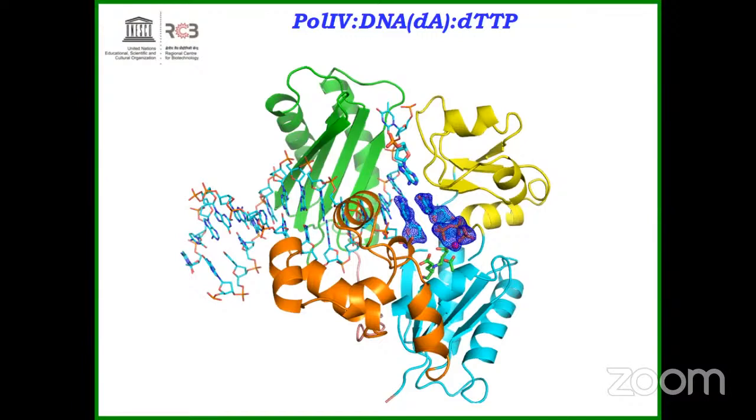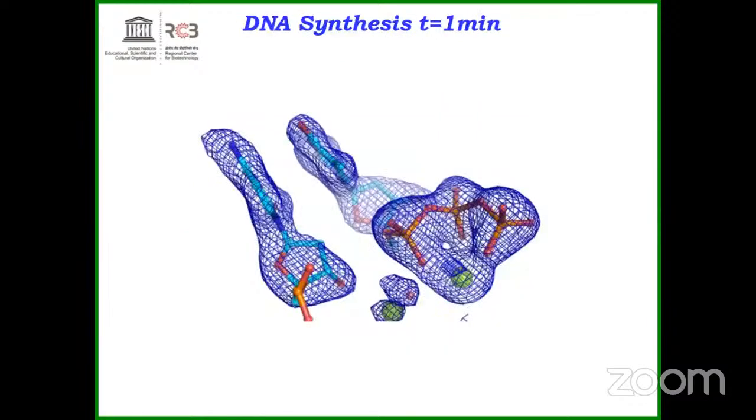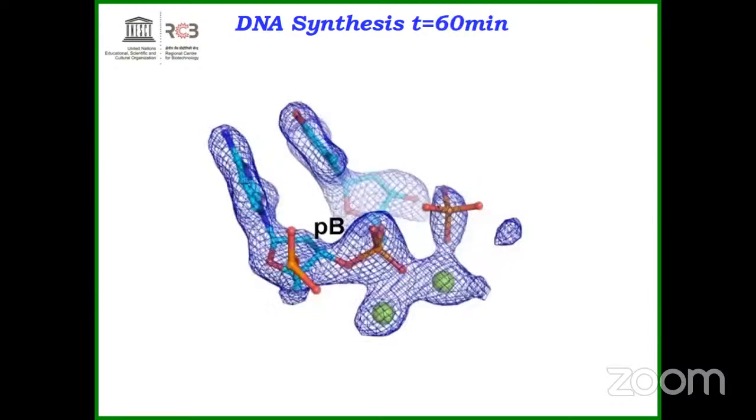There are a few things which got clarified during this study, but I am going to show here only the key, most important finding. So this is the situation when the ions had just entered the active site, and this is the situation later. You can see that a bond has formed here between the 3' OH and the alpha phosphate.